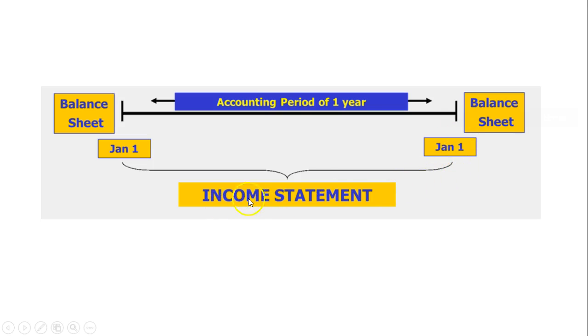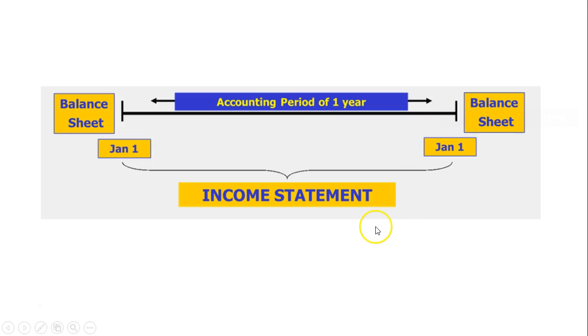Now, an income statement then is a summary of all the business activities that would occur over this accounting period. And our balance sheet is what we'll be talking about more next week. But that's going to be just like a financial snapshot of what our business looked like at the beginning of that accounting period. And then we get out our financial camera again and take another snapshot of what our business is going to look like financially at the end of that accounting period.